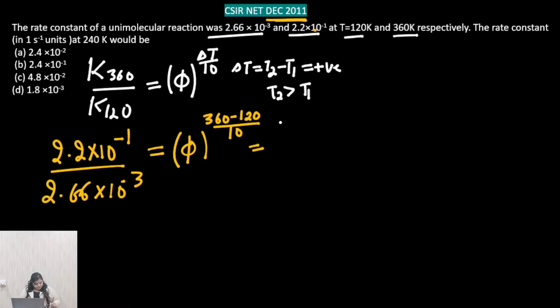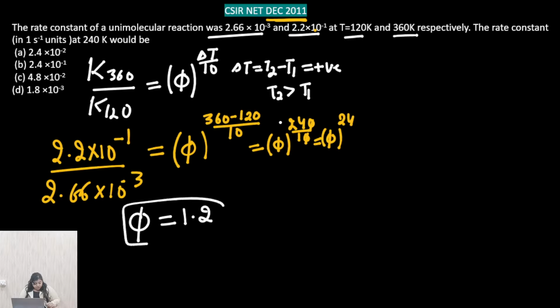So it becomes equal to phi raised to the power of 240 upon 10, so that is equal to phi raised to the power of 24, right? So just solve this and find the value of phi, which is your temperature coefficient. We will be getting the value as 1.2, right?